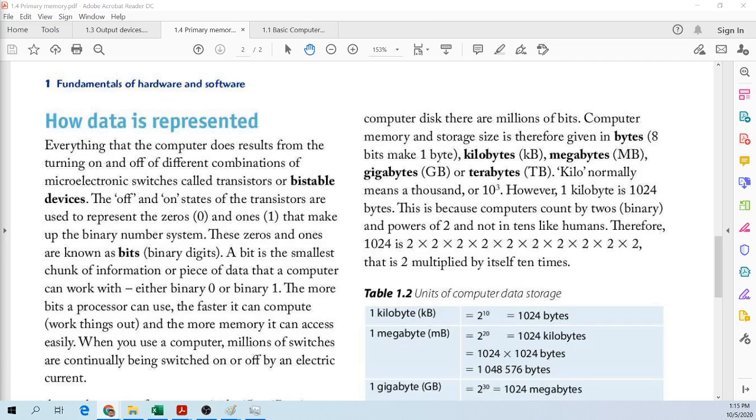Therefore, 1,024 is 2 times 2 times 2 times 2 times 2 times 2 times 2 times 2 times 2 times 2. That is 2 multiplied by itself 10 times. Very good. Table. That's it.